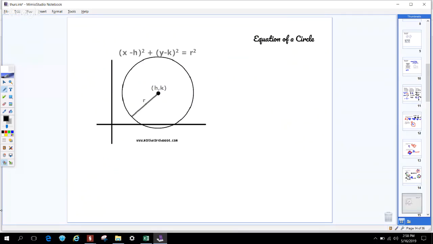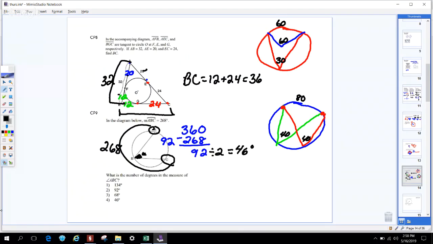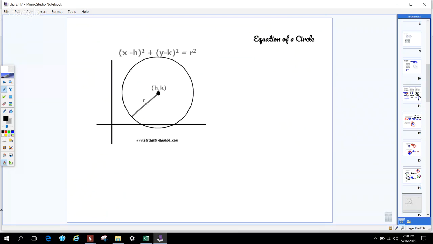Equation of a circle. Equation of a circle is on the formula sheet. That's the next paper we're going to talk about. Remember, for equation of a circle, here are some things to know. This is what's on the formula sheet. We're subtracting because we're always trying to go home. So whatever the center value is, you're going to end up switching the signs.